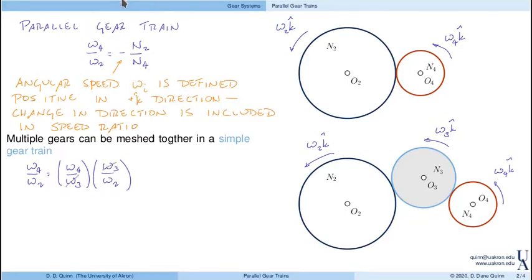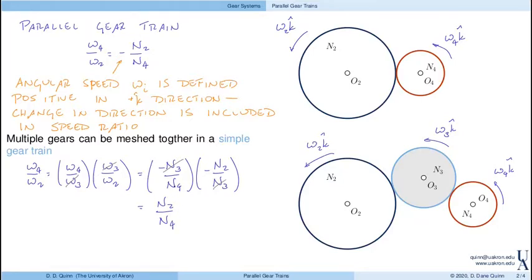But when I do it this way, 4 and 3, well, that's minus n3 divided by n4. 3 and 2, minus n2 divided by n3. So that's the speed ratio, the gear ratio for 4 and 3. This is the gear ratio for 3 and 2. Well, the number of teeth on gear 3 cancels out, and I am left with n2 divided by n4.